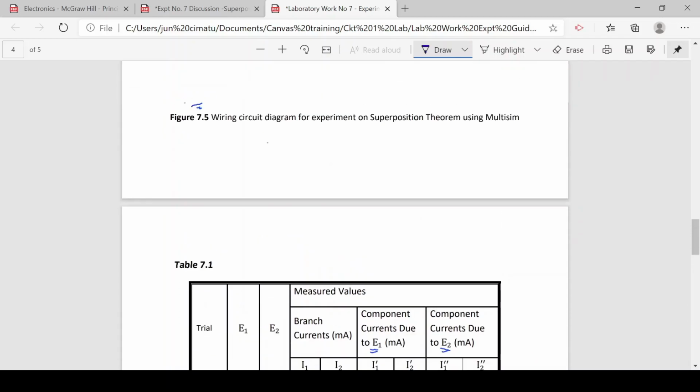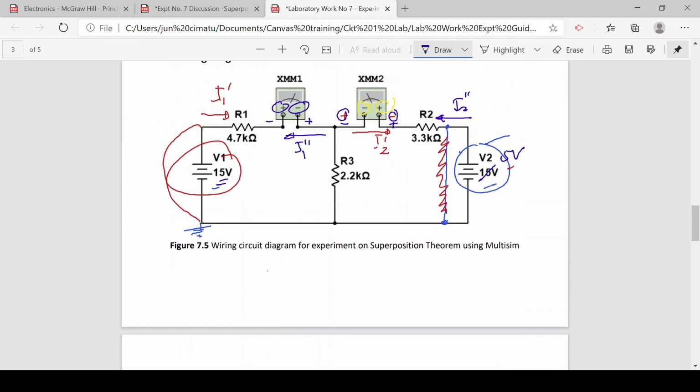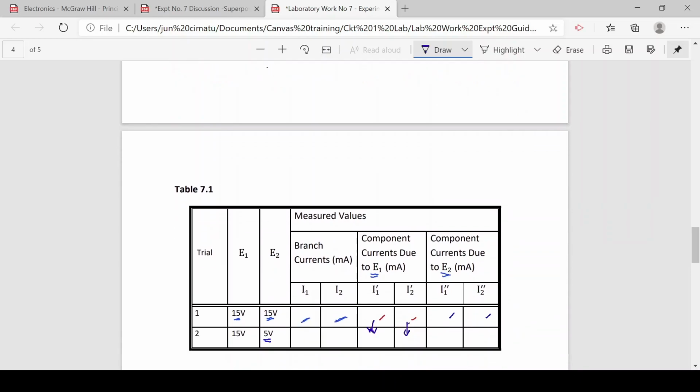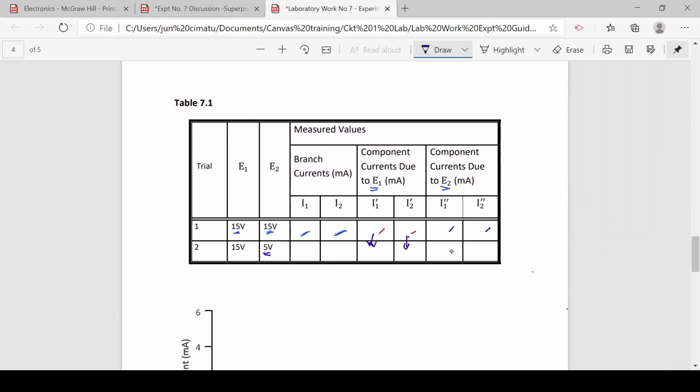And so what you will need now for trial 2 is to deactivate the 15 volts, and allow the 5 volts to supply the necessary current for the circuit. The ammeter 1 and ammeter 2 readings would be I sub 1 double prime and I sub 2 double prime, which are the component currents due to E2.